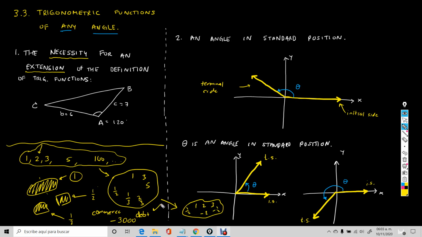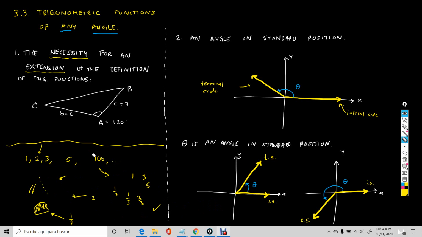And you see, extensions are very natural in mathematics and in science and in technology, and they arise because of a necessity. Almost always, they arise due to a necessity. And so that's what we're going to do today.